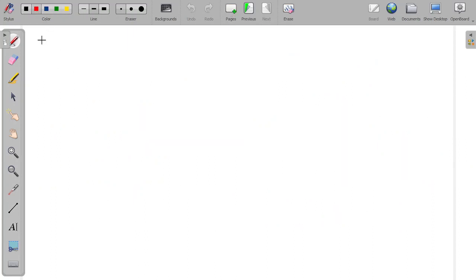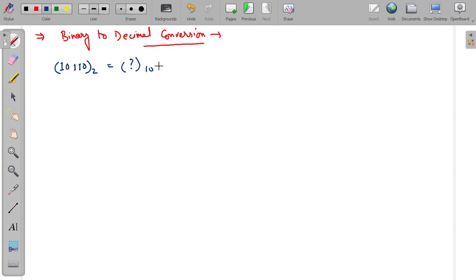Next, we can go with binary to decimal conversion. Okay, so it is again straightforward. So taking an integer, let's say 1010 in binary is what in decimal.